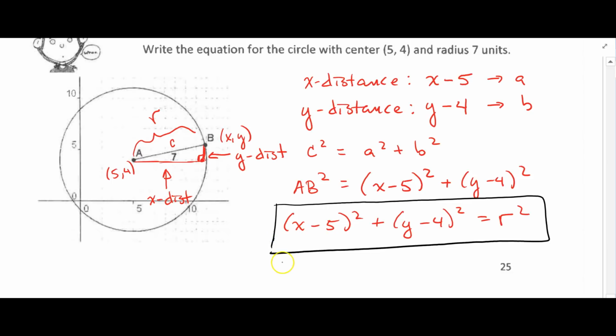So this is the equation of the circle. So again, it's really just a squared plus b squared equals c squared, and we're just applying it to a circle.